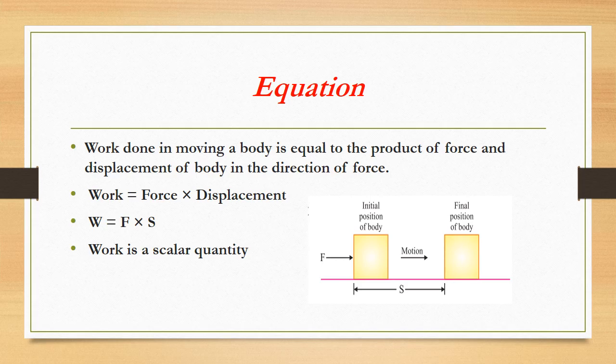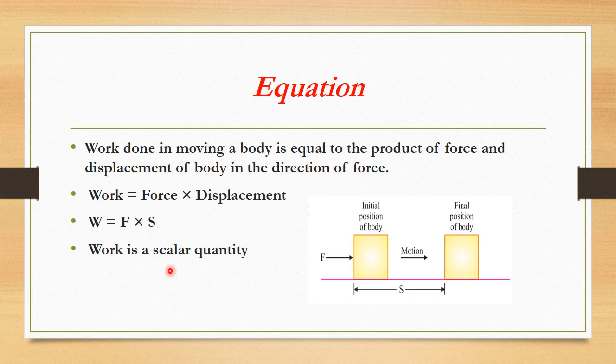It's a product of force and displacement. Force we can represent by capital letter F and the displacement by S. So work done is equal to force into displacement. So we can write W = F × S.